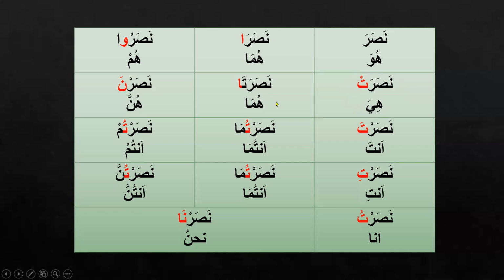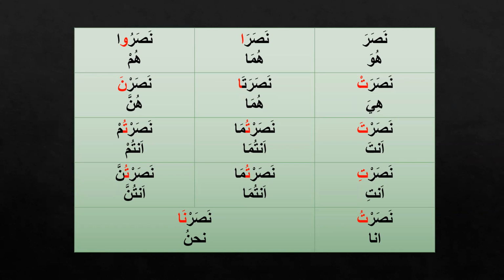Okay, so now the dual female, Huma Nasarata. So what fa'il can you see here? This alif, okay? If someone asks you what is the fa'il here, alif is our fa'il, all right? The two females helped, dual form.